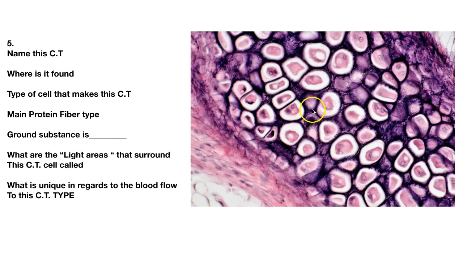The ground substance in cartilage is firm. These light areas that surround the chondrocytes, we already said those are the lacunae. What's unique about all cartilages? They are avascular. Avascular, no blood flow. They are slow to heal.